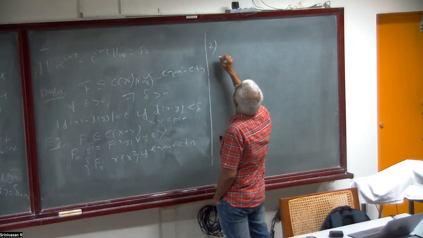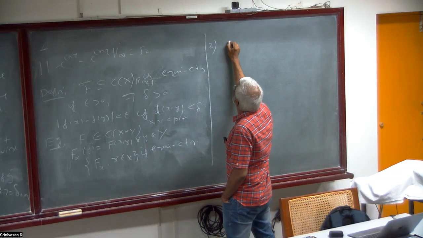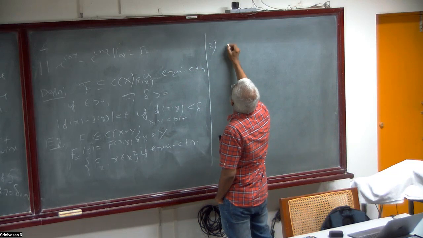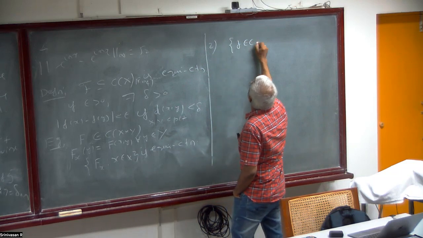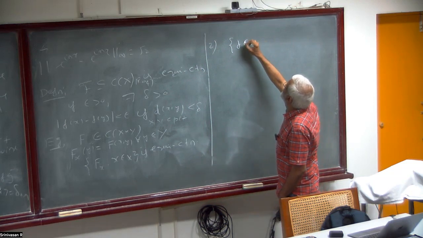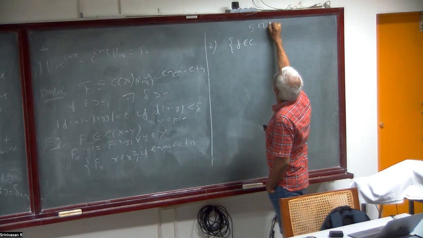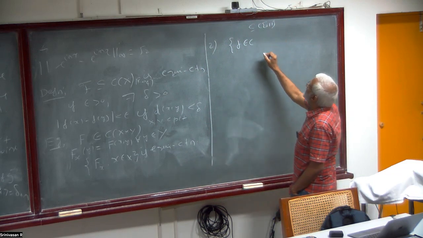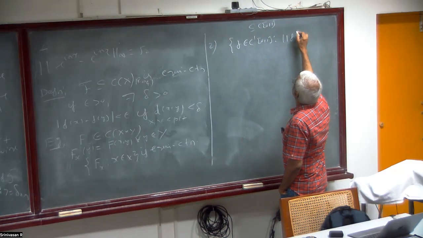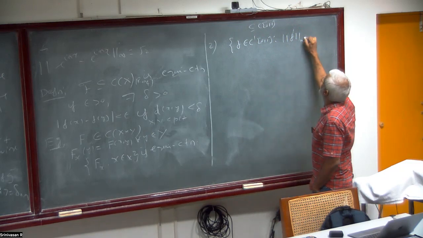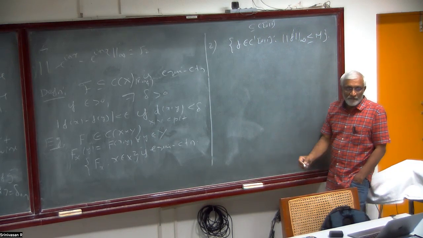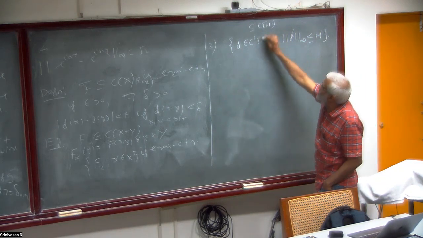The second example is more important. We have defined C^1. Take all those functions f in C^1[0,1], with the norm of f prime in infinity less than M. This is compact, as a subspace here.